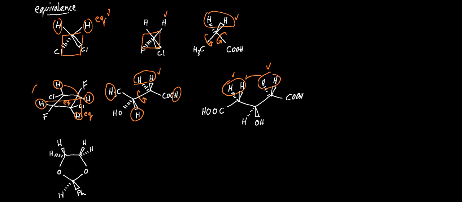All four of these are actually equivalent to each other as well, because these two groups are the same, and there's a plane of symmetry down the middle of the molecule. Not really drawing these planes perfectly, but with respect to trying to find a point of difference attached to this carbonyl group on the other side, these on the next position, but in a plane, equidistant, and remember there's free rotation also.